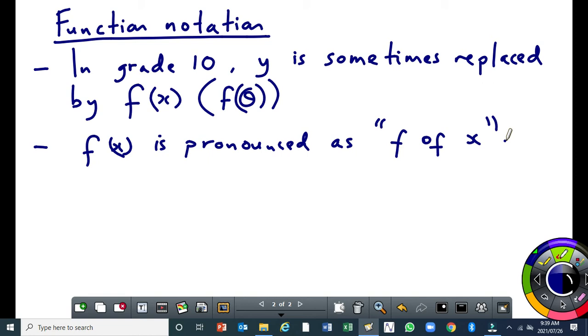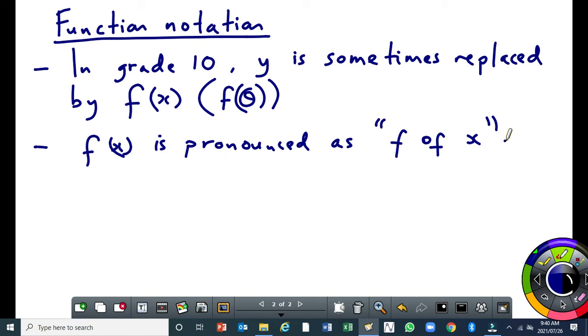We have two ways of writing our independent variable. Either we can use x or we can use theta. The reason why I'm talking about both is that I don't want you to be confused if I teach you using x and you see theta later. You need to know that for trigonometry, there is an interchange between x and theta. So if I write f of theta, it is pronounced f of theta.